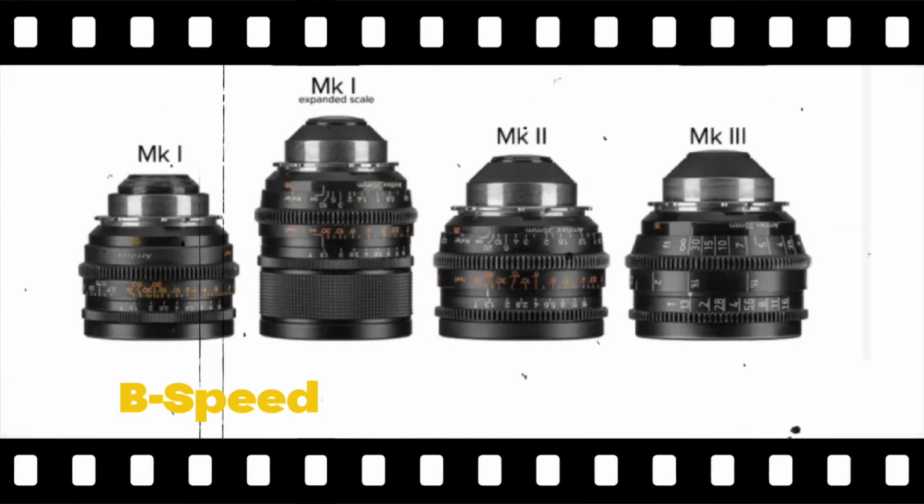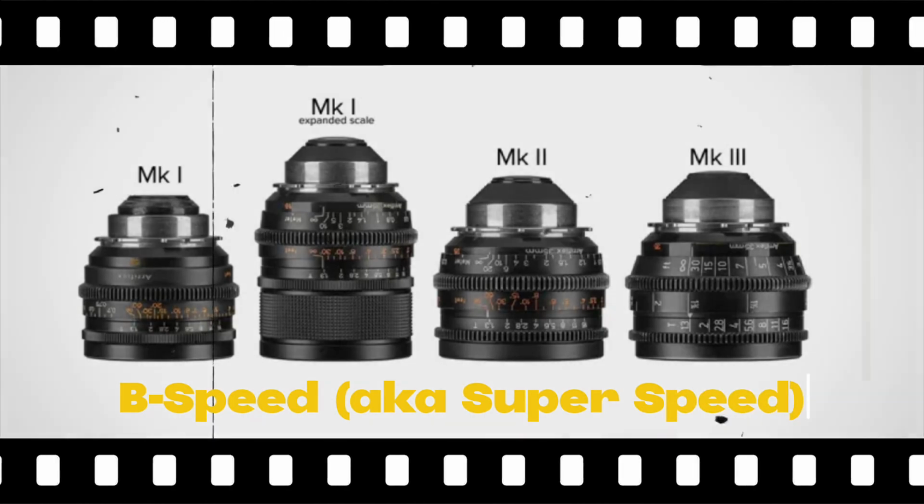But there's an interesting period too for photography and cinematography, because that's the era when another Zeiss legend was born, the B-speed, or people call it Super Speeds. Let me explain. This B-speed lens was initially designed for cinematography, for cine lenses.